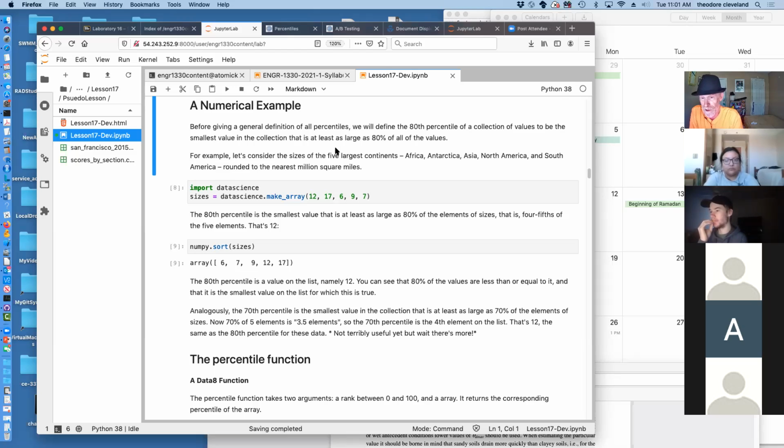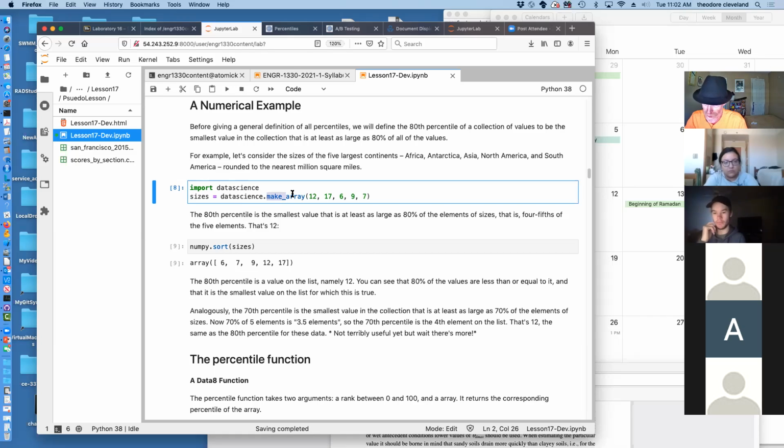And we're going to use an absurd example to illustrate some of the challenges. So for example, let's consider the sizes of the 5 largest continents: Africa, Antarctica, Asia, North America, and South America, rounded to the nearest million square miles. And we're going to use the data science subsystem, which is just another module that has function names that are a little bit more humanly readable.